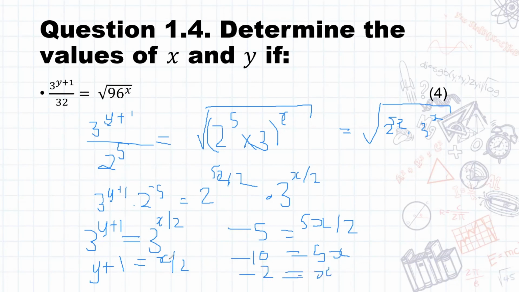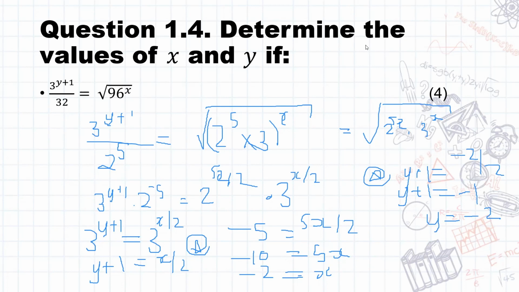We'll go back and substitute this into the equation here. I'm just going to make a little star because I've run out of space. So we'll have y plus 1 is equal to negative 2 over 2, which is actually negative 1. Then we'll take this to the other side, so that becomes negative 1 as well. So negative 1 minus 1 is negative 2. So in fact, both of these exponents are negative 2.